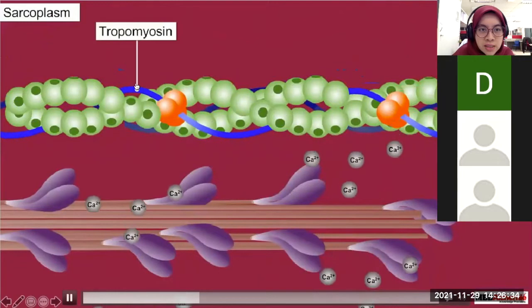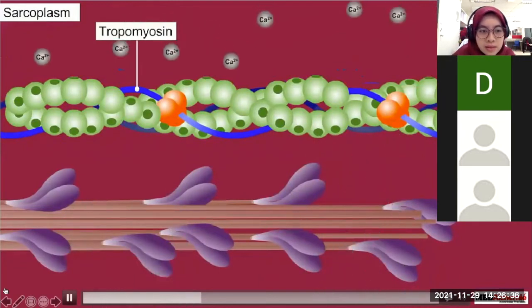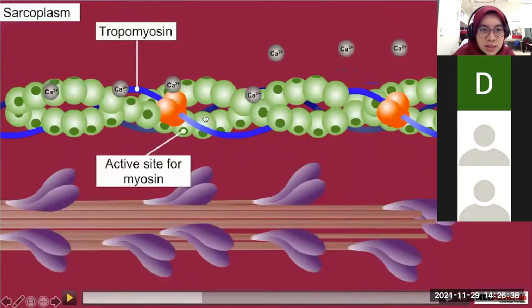This is the tropomyosin. Within the actin filament, the dark green circle over here is the binding site for myosin. This purple here is myosin, the thick filament just now. This is the actin, and it has the binding site for myosin.